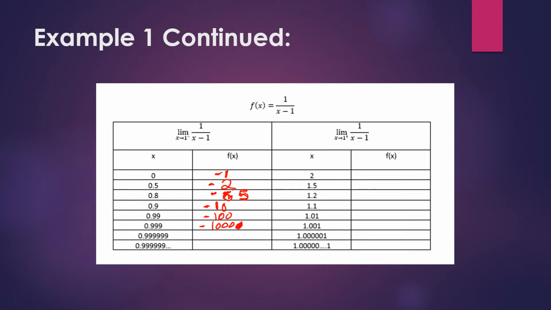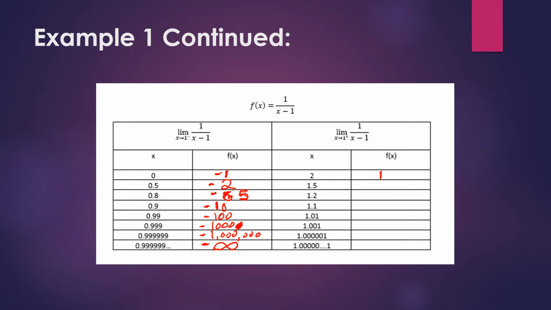And 0.999999, I believe that's going to give us negative 1 million. And then if we just keep plugging in 9s, you're going to see that this is really trending towards negative infinity. All right, so what if we try to take a right-handed limit? If I plug in 2, I'm going to get 1 divided by 1, which is 1.